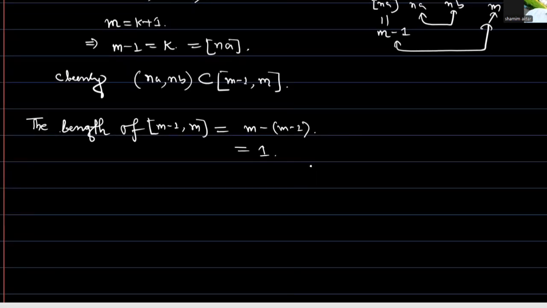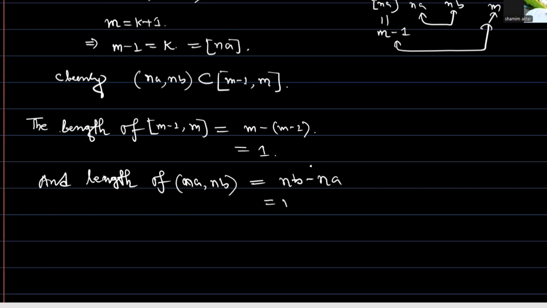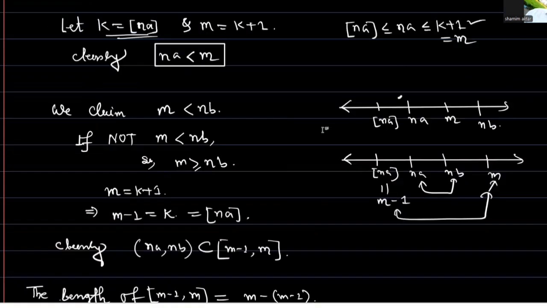And the length of the interval (nA, nB) equals nB minus nA, which equals n times (B minus A).